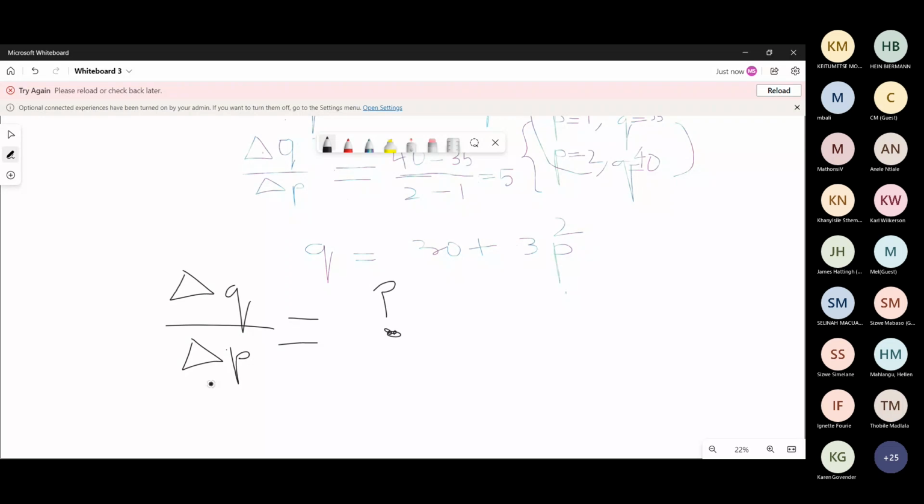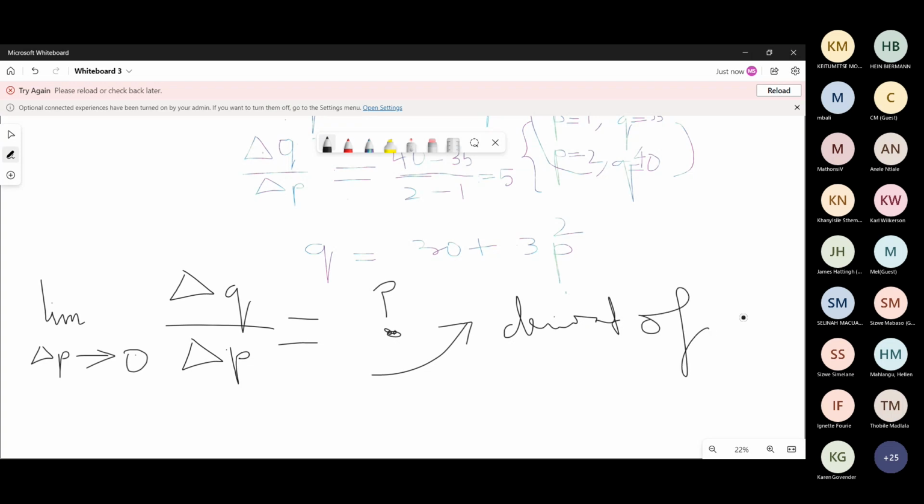But if we consider the limit when delta P, the change in the price, goes to 0, one can compute that this will be equal to the derivative of the function Q with respect to P, and we can find that this will be 6p actually.